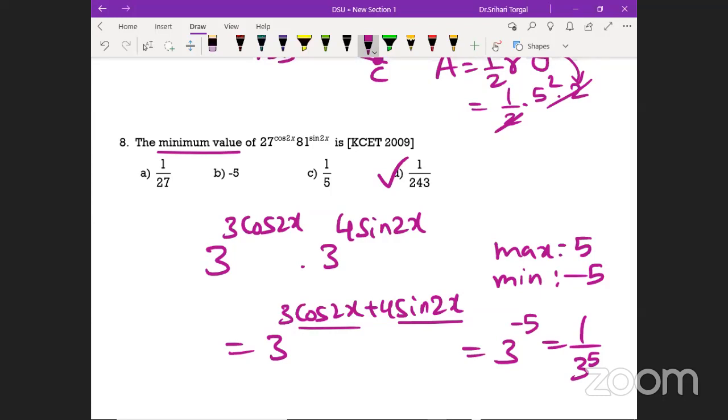I told you already, whenever you get cos and sin, you have to go for this kind of result. For a cos x plus b sin x, the maximum value will be root of a square plus b square, and the minimum value is minus root of a square plus b square.